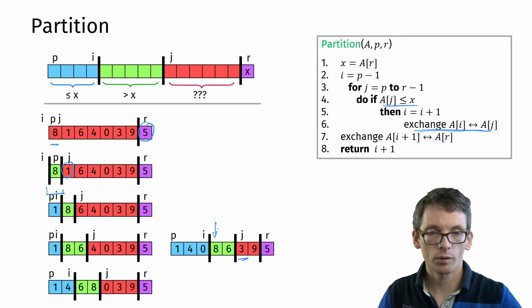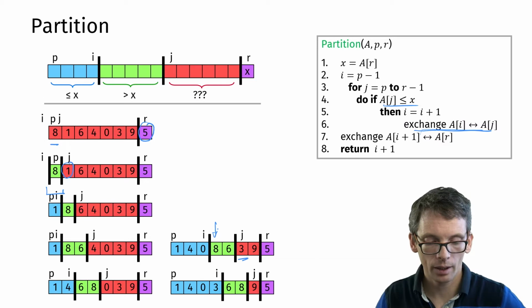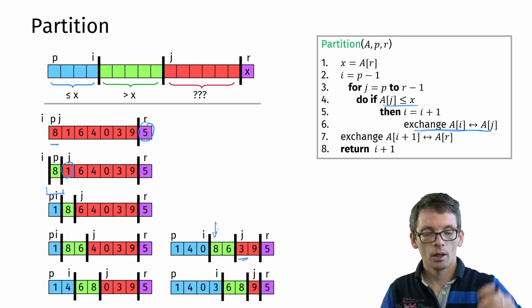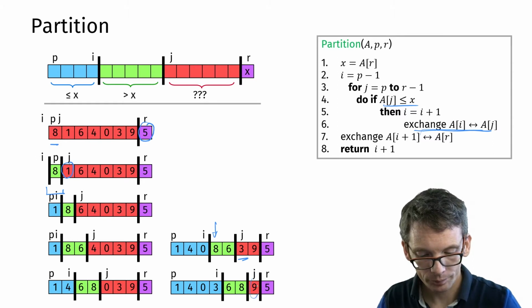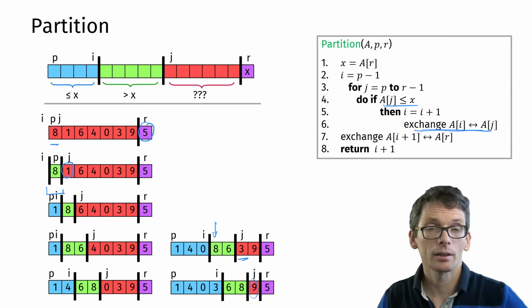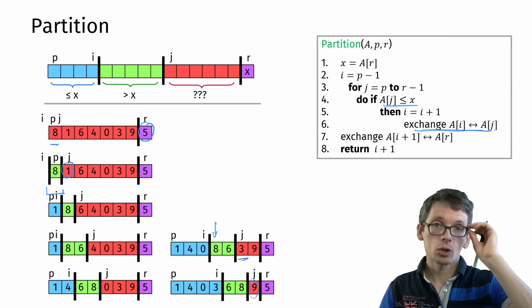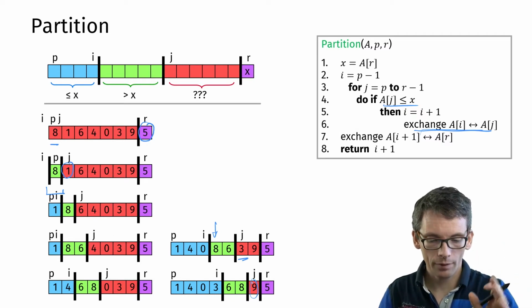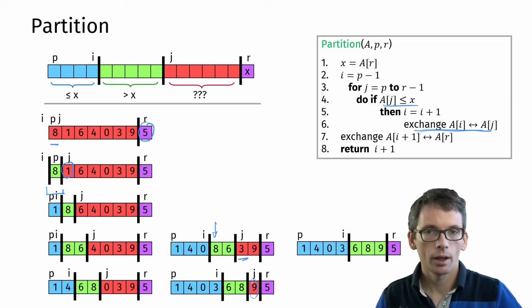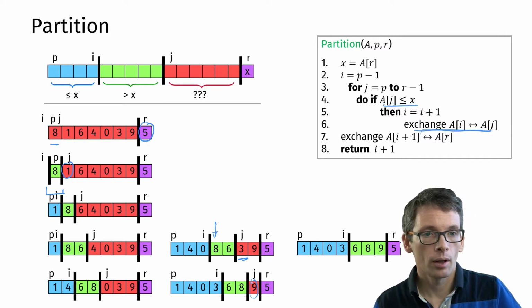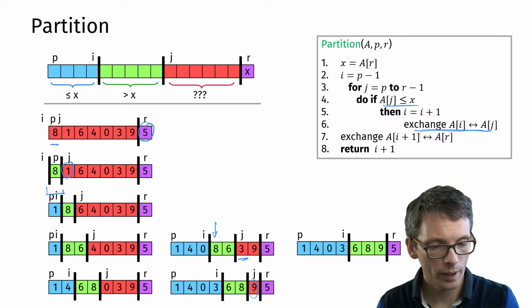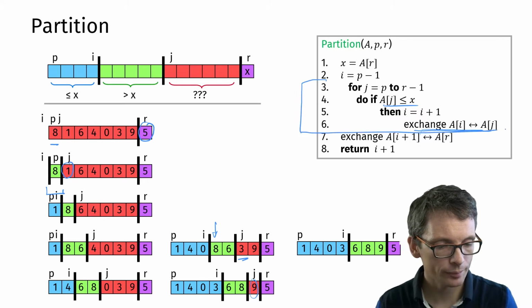I also move i by 1, j moves by 1 anyway. Last iteration of my loop, I have a 9 here. 9 is larger than 5, so I don't need to do anything except that j moves. And this is what I have now at the end of my loop. And the loop is here, these lines.